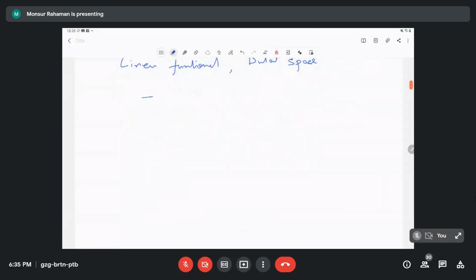इसमें क्या होता है कि कोई भी, this is a linear transformation from one vector space to another vector space when this a u plus b v equals to this relation will satisfy. Okay, this is a linearity condition.